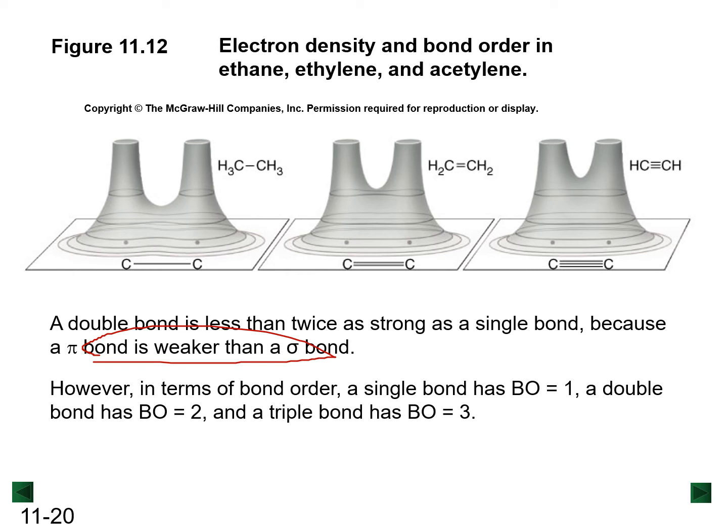In terms of bond order, a double bond is about twice as strong as a single bond, and a triple bond is about 3 times as strong because multiple bonds have greater electron density between the nuclei than single bonds do, and thus higher bond energy. So the electron density increases from single bond to double bond and followed by triple bond.